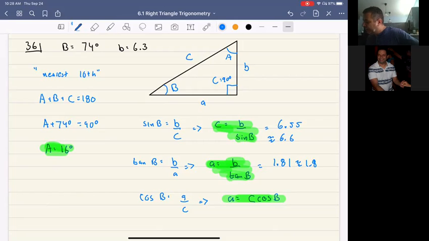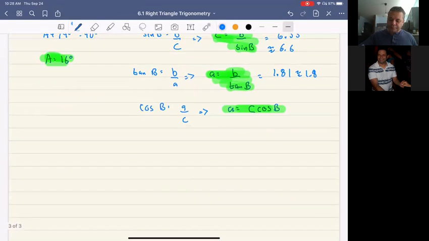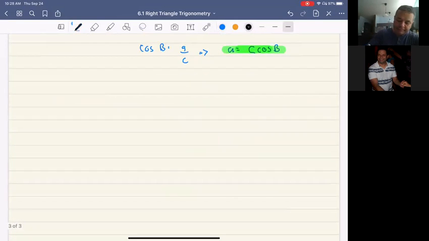All right, let's do another problem, number 44. It gives us A equals 19, B equals 27, and of course we have a right triangle. Let's draw it out.